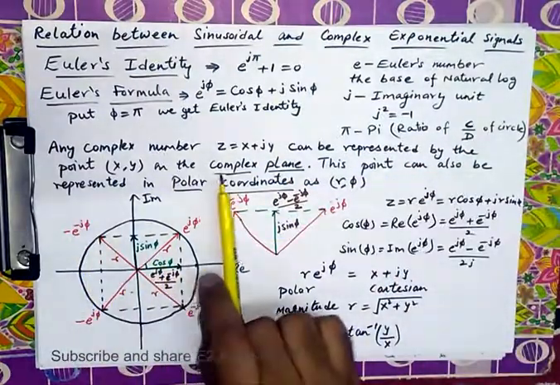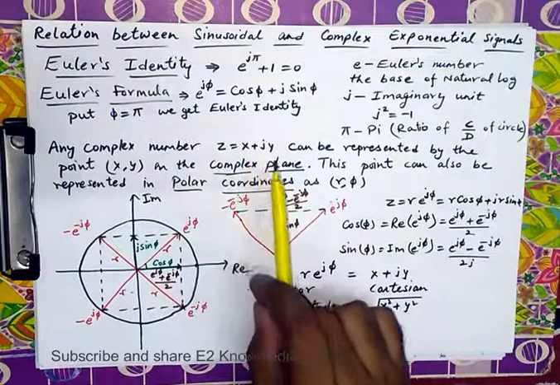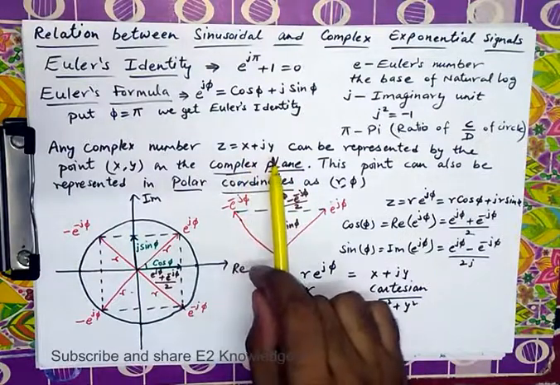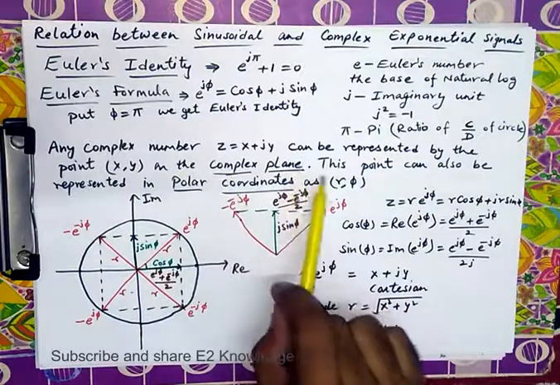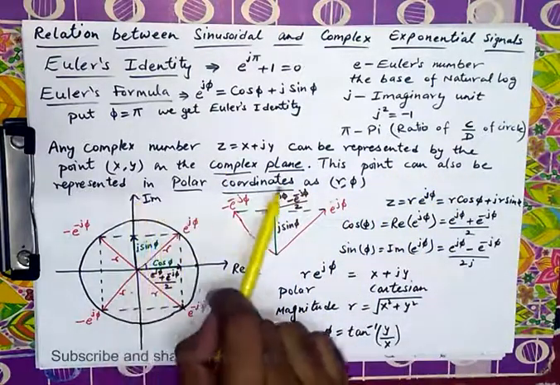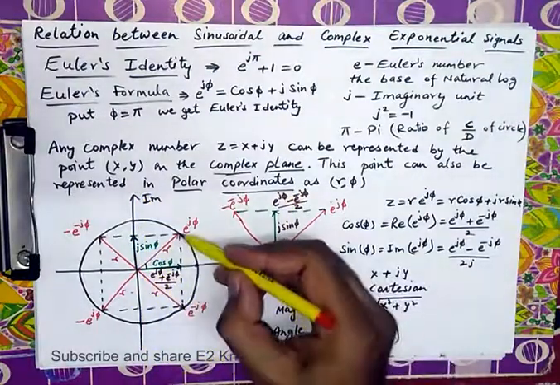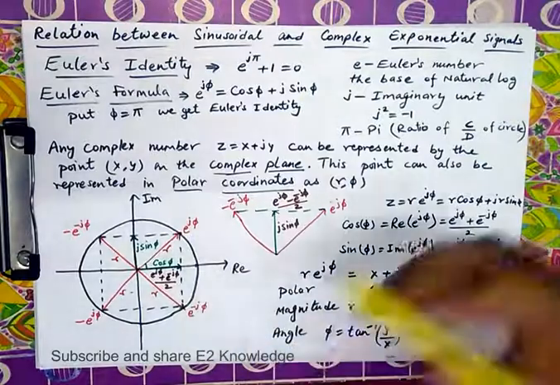Any complex number z is equal to x plus jy, where x is the real part and y is the imaginary part. z can be represented by the point x, y on the complex plane, that is the real and imaginary plane. Say this is the point x, y.